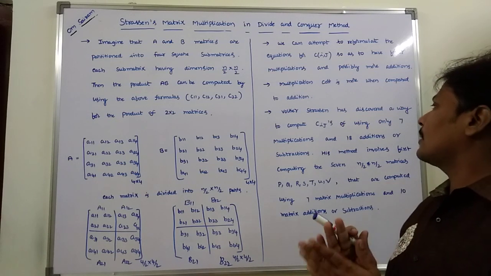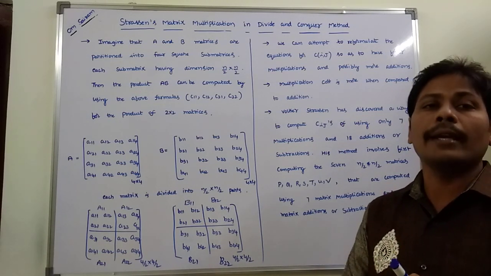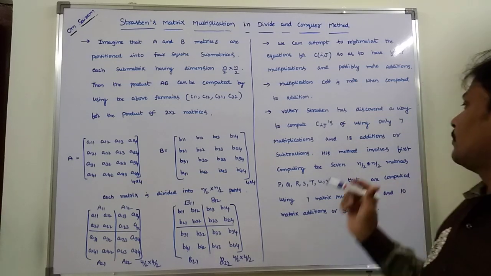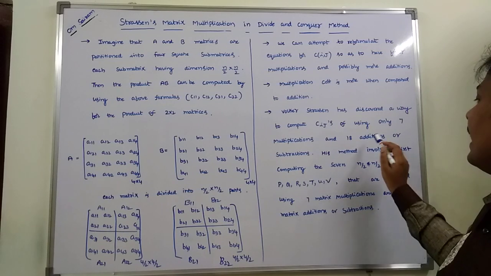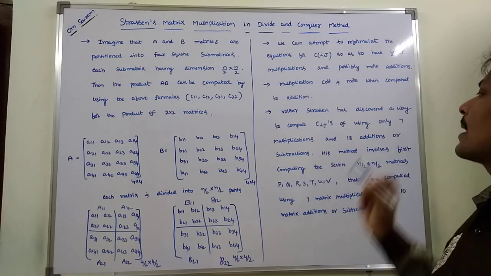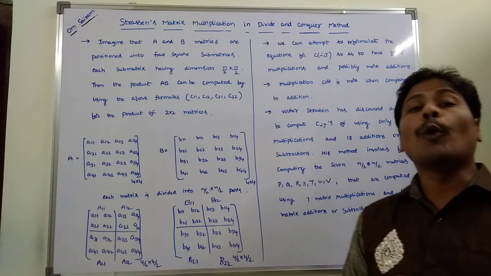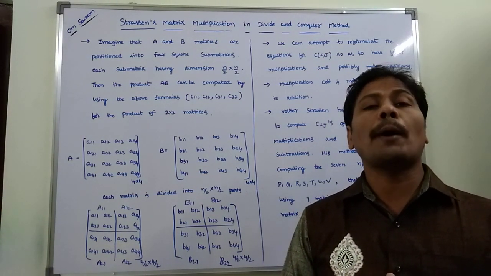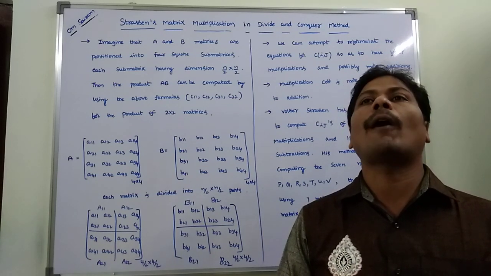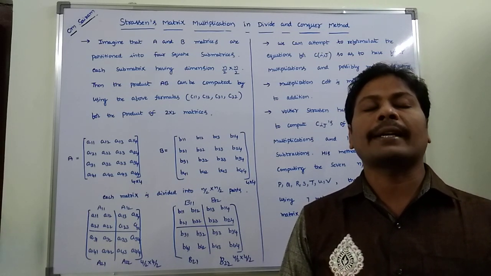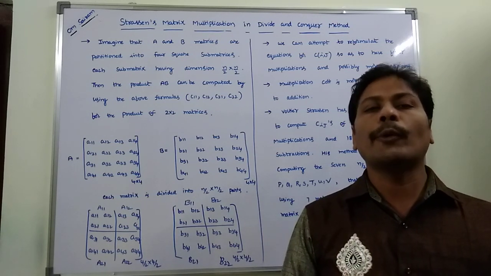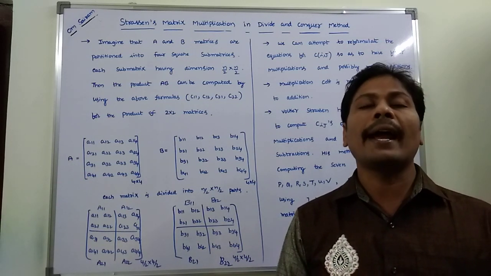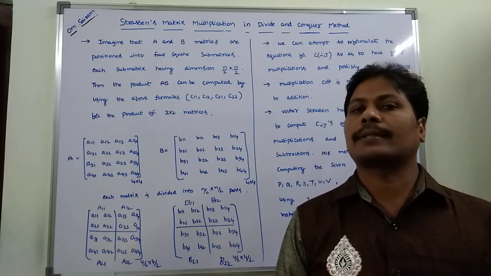Next, Strassen discovered one way to perform the matrix multiplication that has 18 additions or subtractions and 7 multiplications. Strassen developed a way to perform the matrix multiplication of A and B matrices using only 7 multiplications and 18 additions or subtractions.